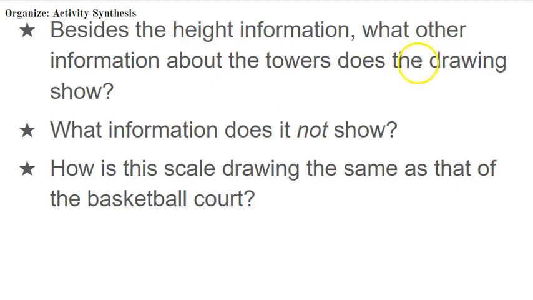So besides the height information, what else could we determine from that? Well, we could talk about how they compared as far as the main building part and any antennas or whatever that are on top of the building. We clearly don't know the exact size, right? And how is this scale drawing that we were just looking at similar to what we did with the basketball court?